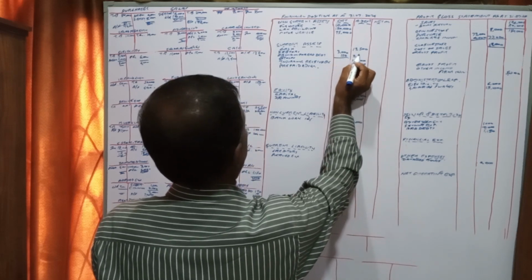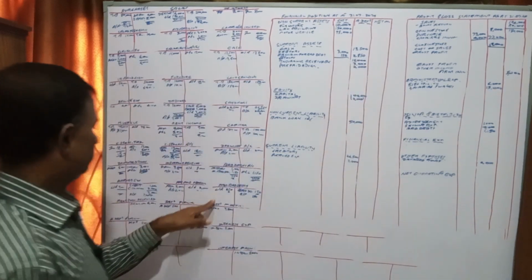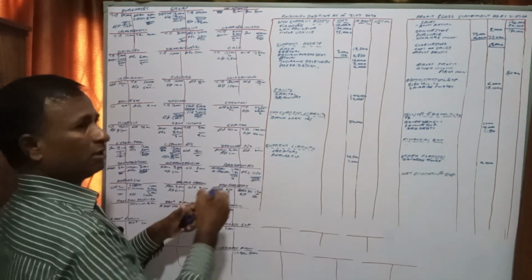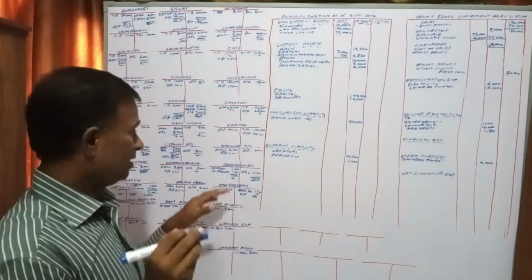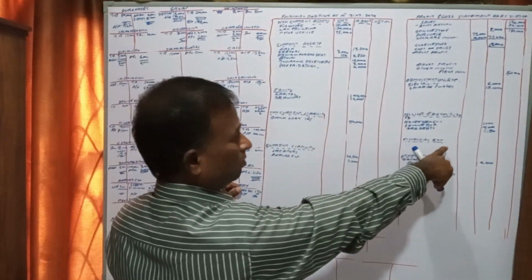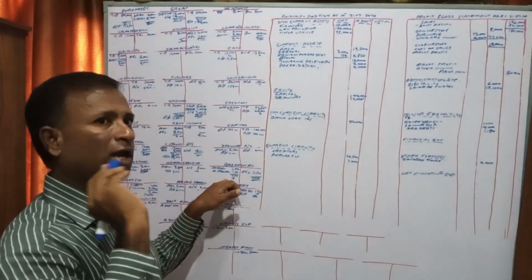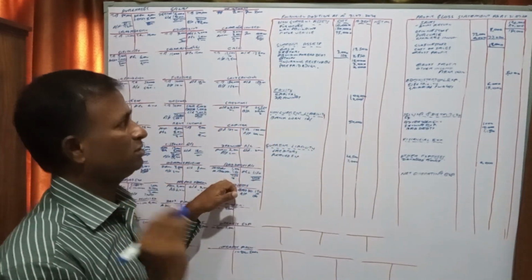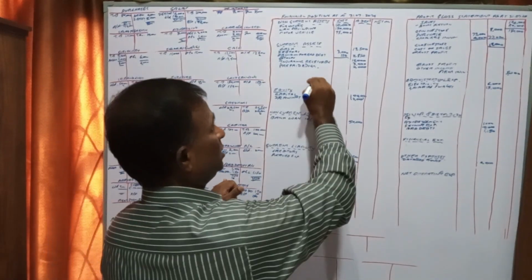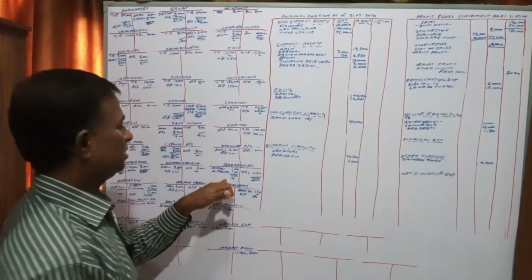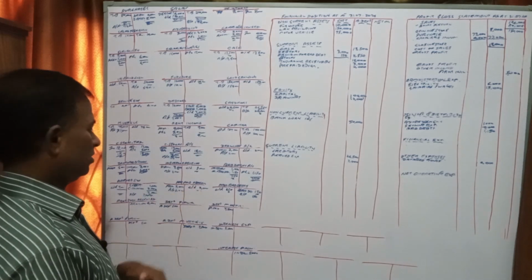That is 2,850. Right? Provision for bad debts. Bad debts you will show in the profit and loss account. It is an expense. Provision for bad debts and accumulated depreciation, all the provisions, we will show in the balance sheet by deducting from the respective amount, right?